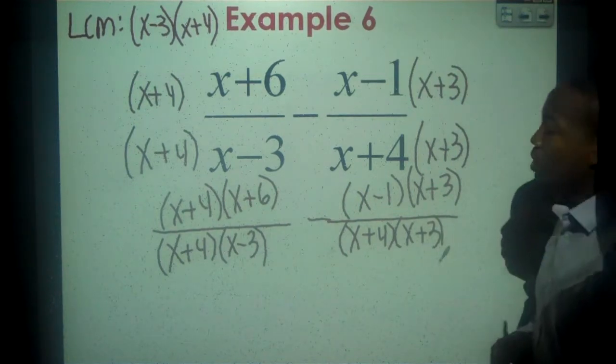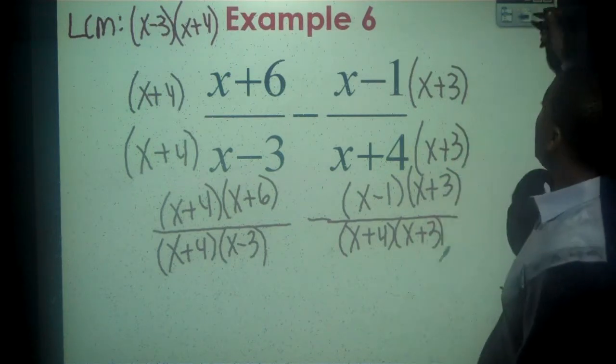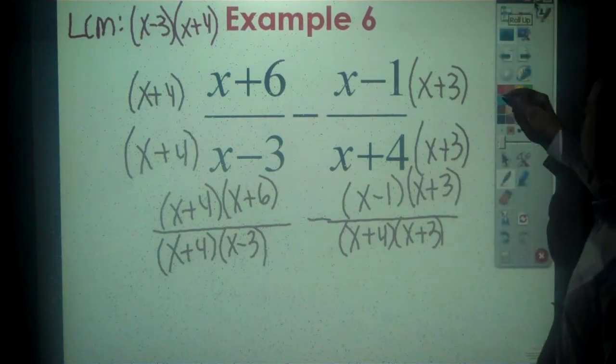Now the hard part, we need to go ahead and just multiply this out, and I'm going to go ahead and show you how to do this one.